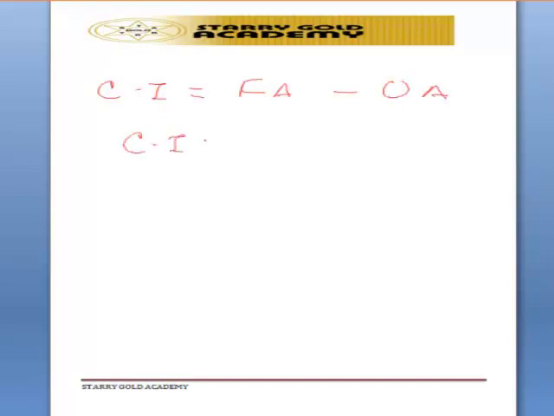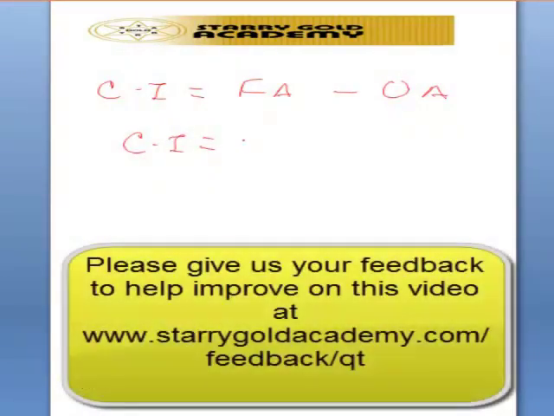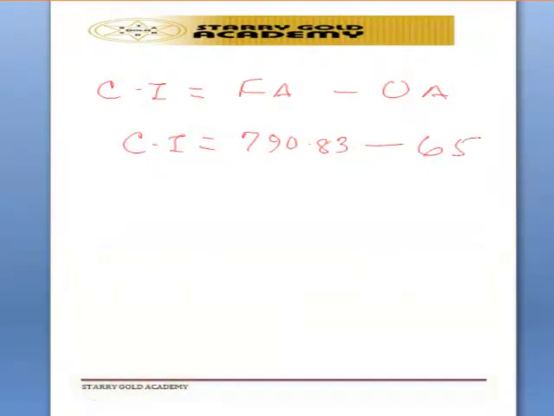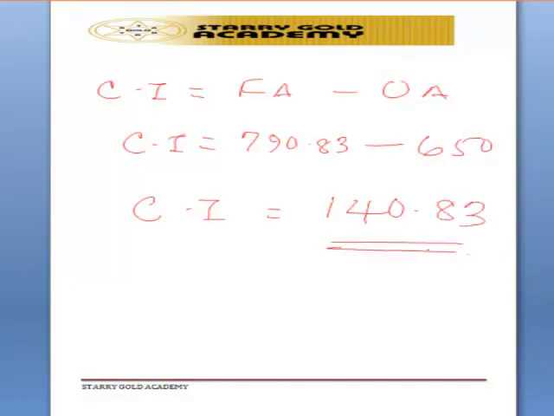So compound interest will now give us, our final amount is what? 790.83 minus original amount, which is 650. Therefore, compound interest is equals to 140.83. That's our compound interest. That's a simple definition and analysis or computation with respect to simple interest and compound interest.